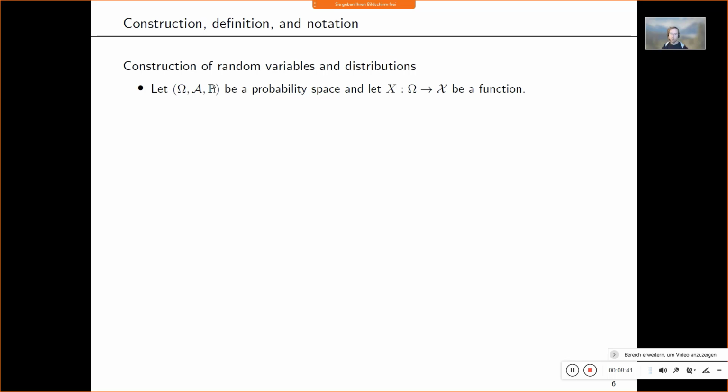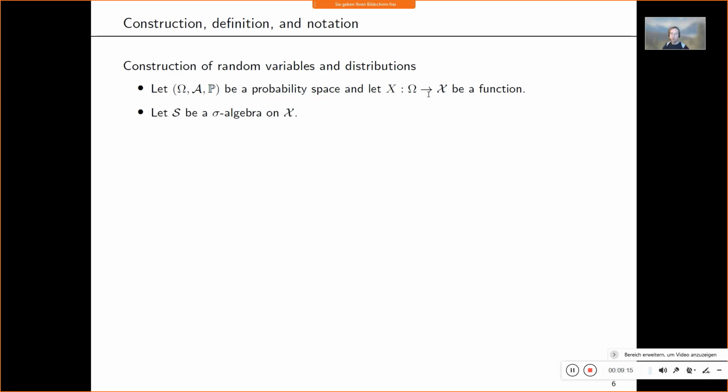And now we assume that we have a function which we call big X, which maps elements of the outcome space into another space, which we denote by calligraphic X. We will also call this the outcome space of the random variable, as opposed to the elementary outcome space. But for the moment, we just say we have a function from Omega to some other space, calligraphic X.